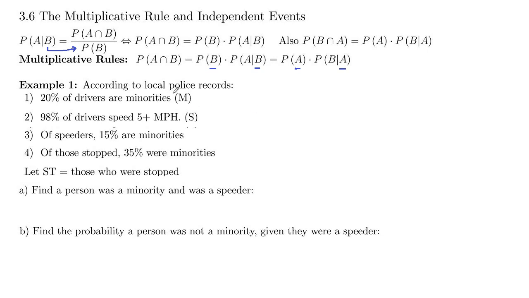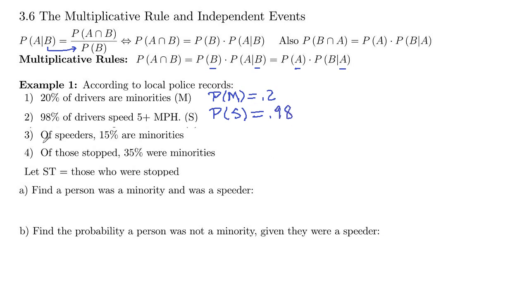So let's look at an example and apply this. We've got some data from police records that say 20% of drivers are minorities. That's the event M. So we're given probability of M is 0.2. 98% of drivers speed 5+ miles per hour. That's event S. So the probability that we got a speeder, if we pick a person at random, is 0.98.